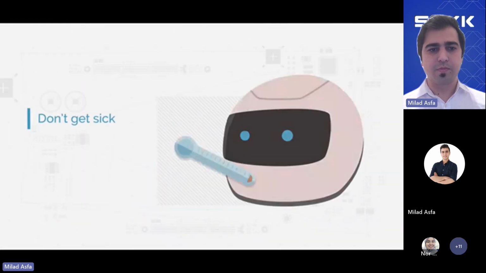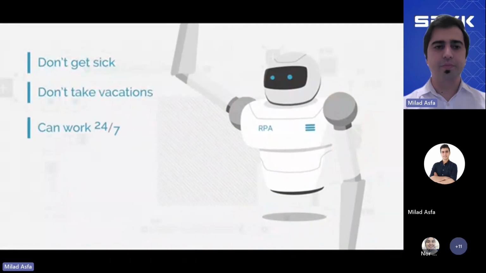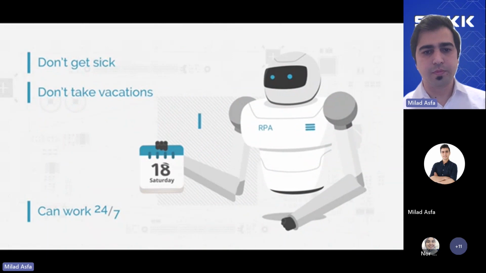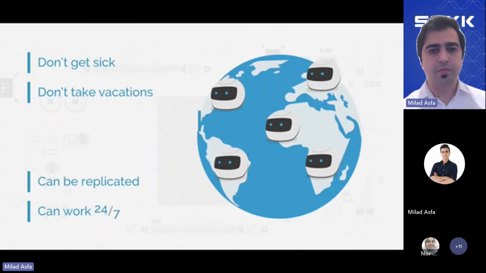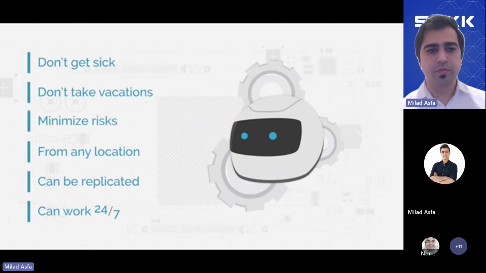And they don't get sick, don't take vacations, can work 24 hours a day, 7 days a week, can be replicated for greater speed, can work from any location, and minimize risks as they are less prone to errors.